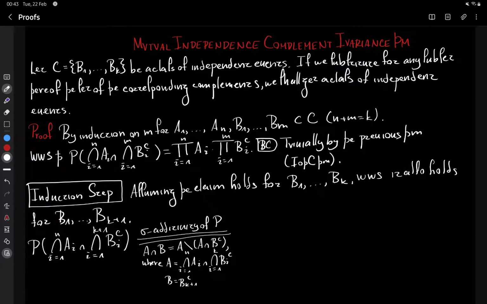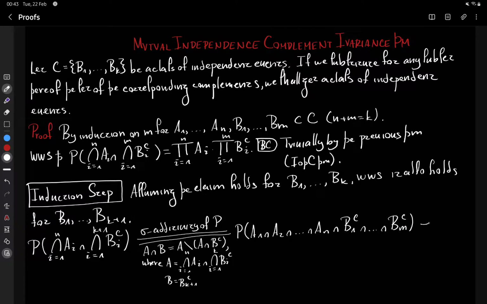So using these two things, we arrive at the following expression. This is equal to P of A1 intersected with A2, all the way until An intersected with B1 complement intersected with B2 complement, all the way until we arrive at Bk complement.